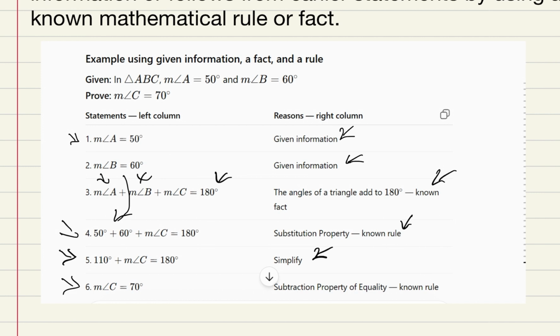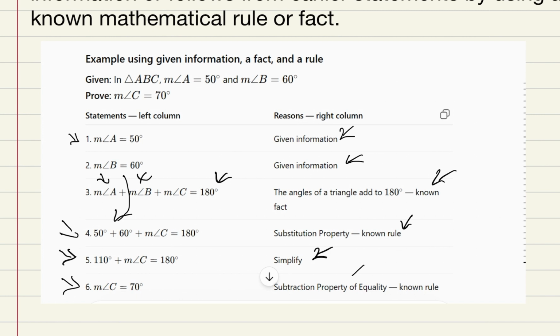So in number 6, it doesn't show. So what you're going to notice with the two-column proof, we're not showing you the steps. It's assumed that you already know the steps because you've learned them previously. So here we're just jumping to measure of angle C is equal to 70 degrees, which is what we wanted to prove. And how did we get there? We simply just subtracted both sides.